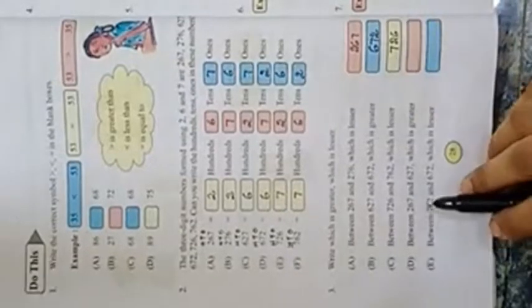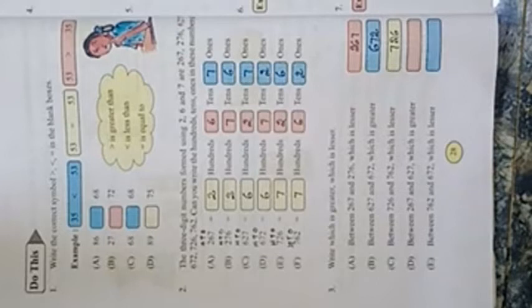Now, observe this carefully. 267 and 627. Between these two numbers, which is greater is asked.